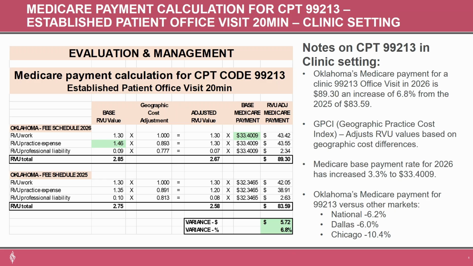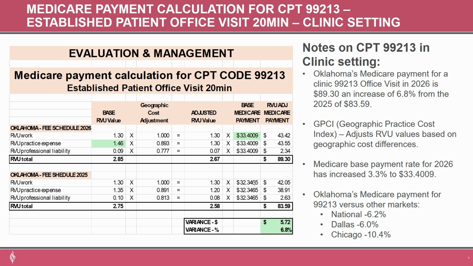$5.72. The reason for this increase is that the base relative value for practice expense RVU has gone from 1.35 to 1.46. There's been some small changes to the geographic cost adjustments, but the other major change is that for the first time in the last few years, Medicare has raised the base payment rate.